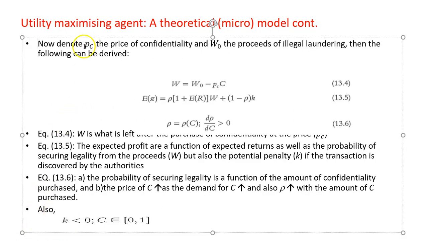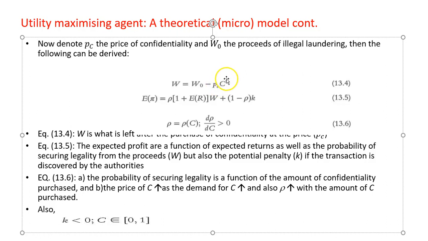We're going to look at the confidentiality as being a function of the price of confidentiality and the degree of confidentiality that we take. So down here it notes that confidentiality is assumed to be between 0 and 1. So you can look on it as a kind of index, if you like. And then the price is the price per 0.1 increase in the index.